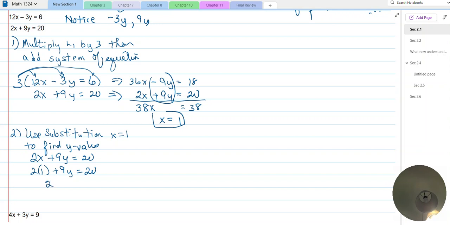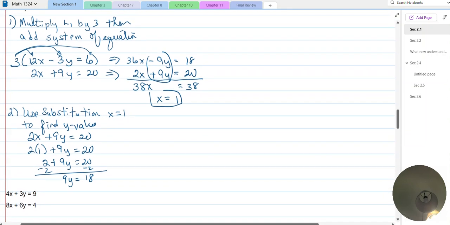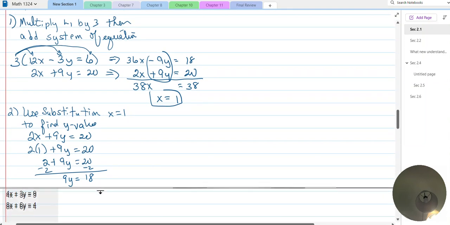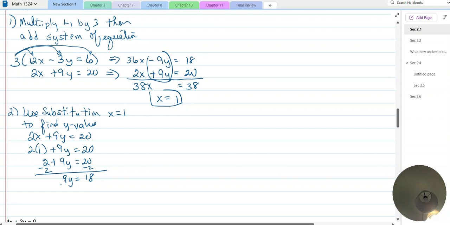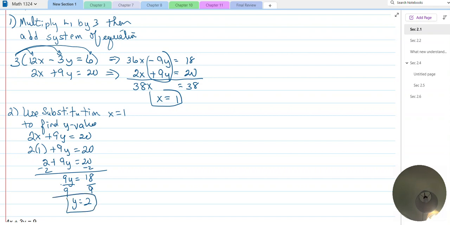So then I have 2 plus 9y equals 20. I'm going to subtract the 2. That leaves me 9y equals 18. If I divide by 2, I'm sorry, divide by 9, I gave you the answer. Sorry, y is 2. So we have a solution for this one.